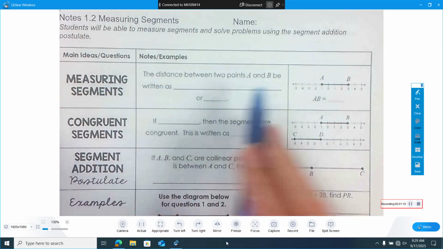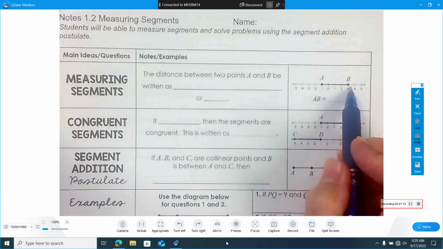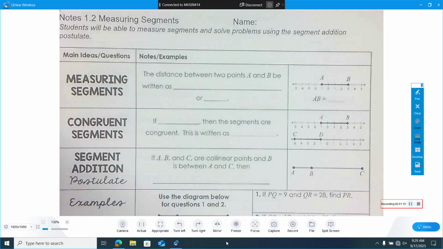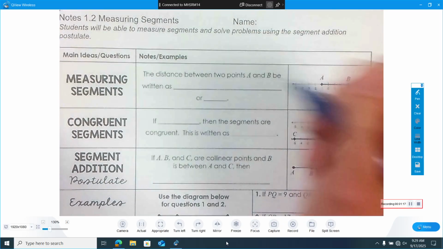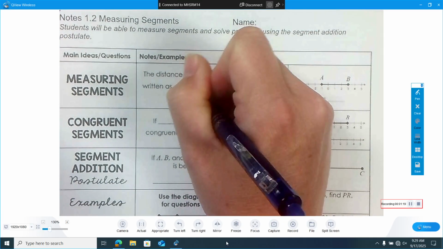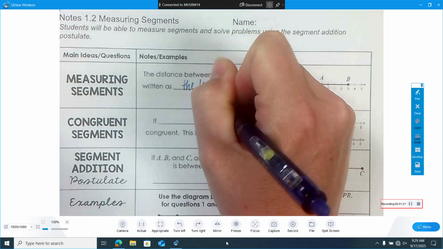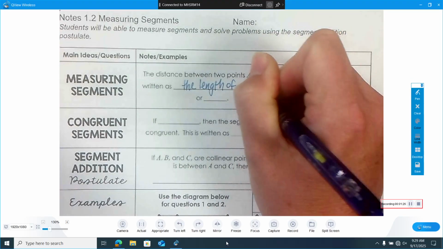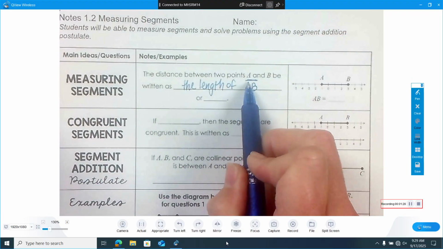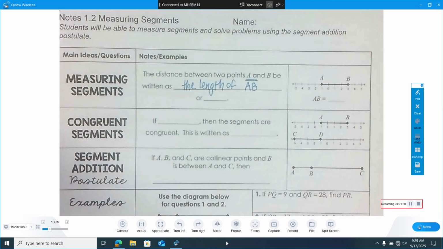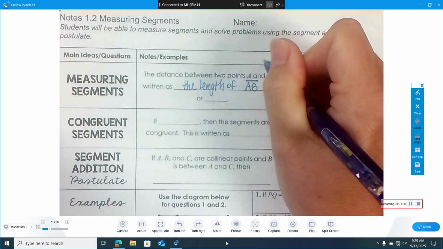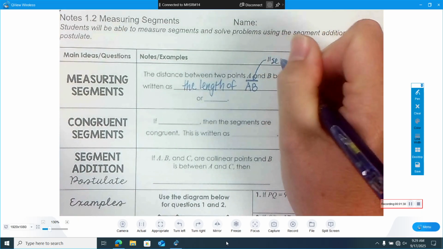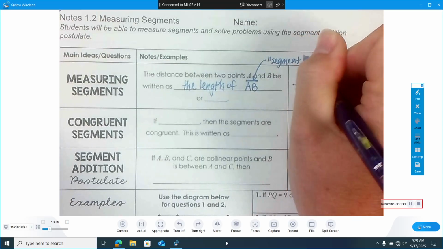The distance between 2 points, like here, A and B, can be written as the length of segment AB. I'm using my symbol here for segment, which is just a straight bar, and that straight bar we read as segment. So maybe I want to draw an arrow and say that's the word segment, just so we remember.